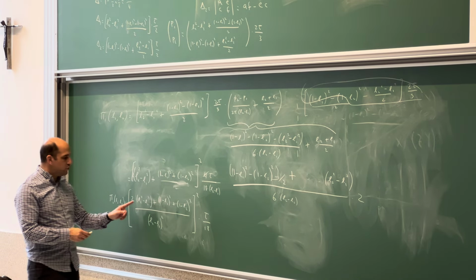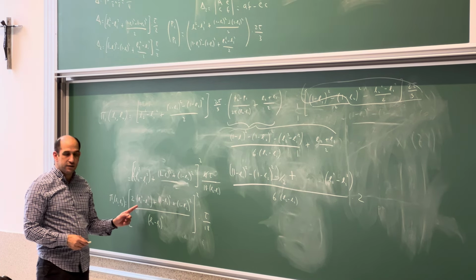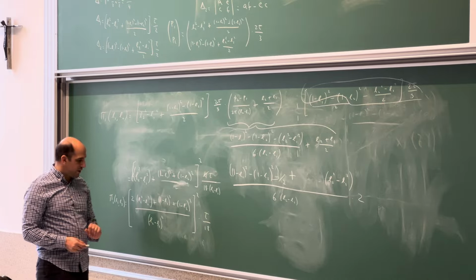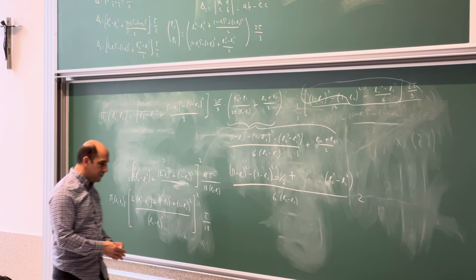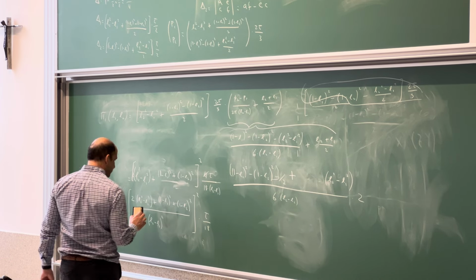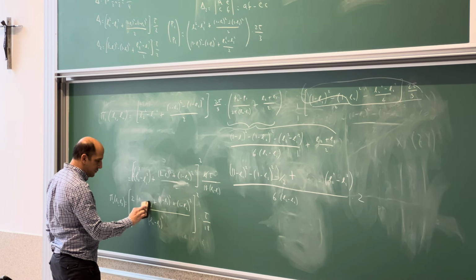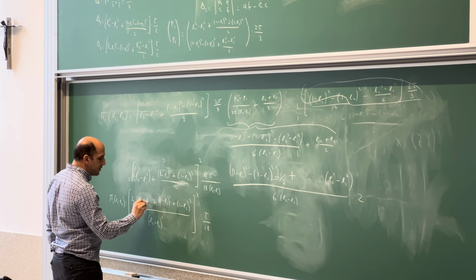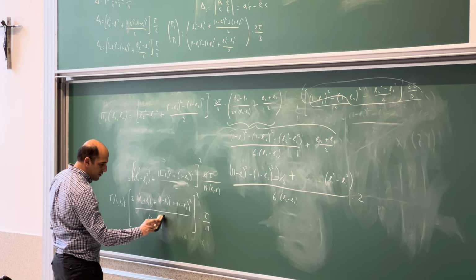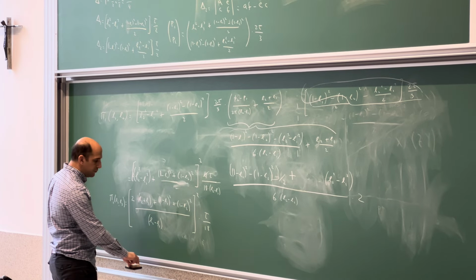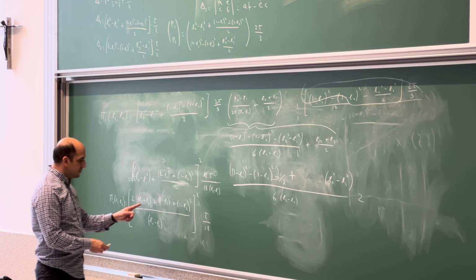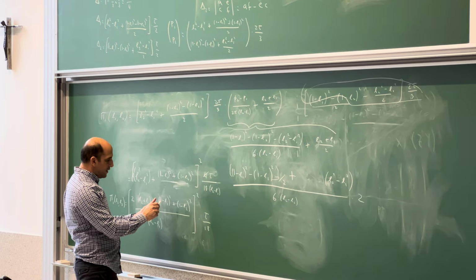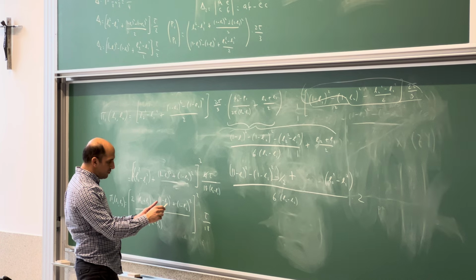And now L2 minus L1 squared is L2 minus L1 times L2 plus L1, and I'm going to cancel one of the squares. And then this is 1 minus L1 minus 1 minus L2.